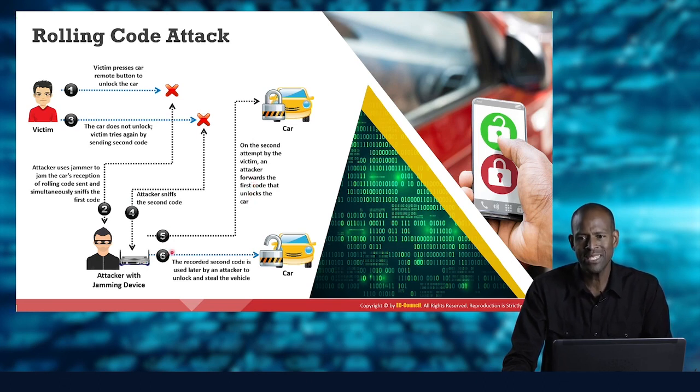The recorded second code is still with the attacker. And later on, they can follow that car. The person parks their car in their driveway. They go in and they are making a spaghetti dinner with their kids when somebody passes by the window and says, hey, where's the car? Well, the dude with the weird looking glasses got the car from a rolling code attack.